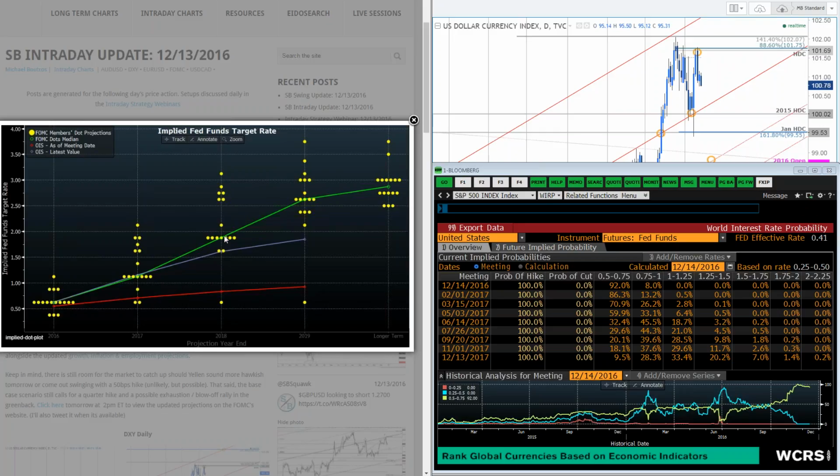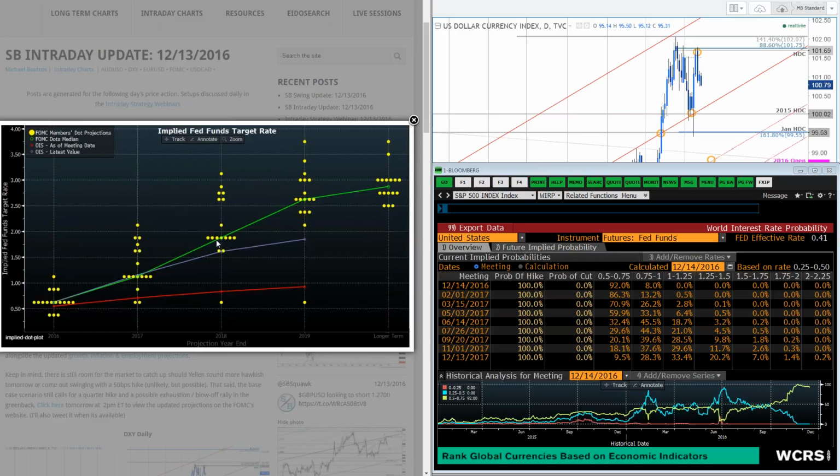Keep in mind, what's in green is what the Fed is suggesting. This is the median, not the mean, of where the Fed is seeing interest rates moving forward. Okay, so right about 1.25 to the close of 2017 is where the median estimate is.